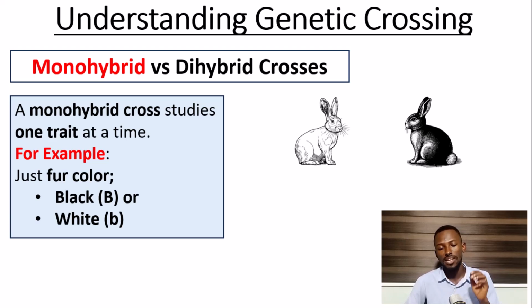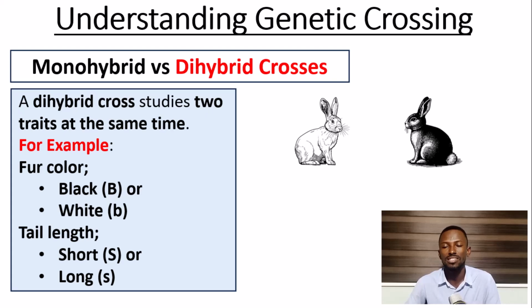So they pick two rabbits, one white and one black. And then the scientists are only interested in observing how the fur color, that is white or black, is passed on to their children or their offspring. That is monohybrid crossing. They are interested in just one trait at a time.